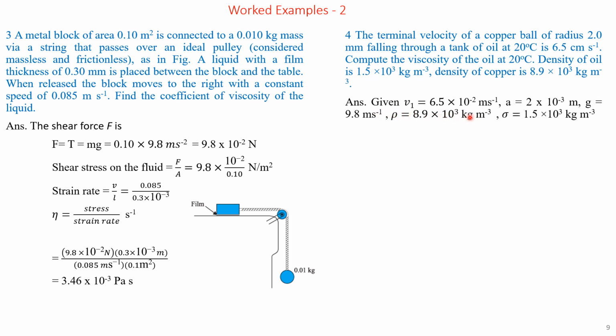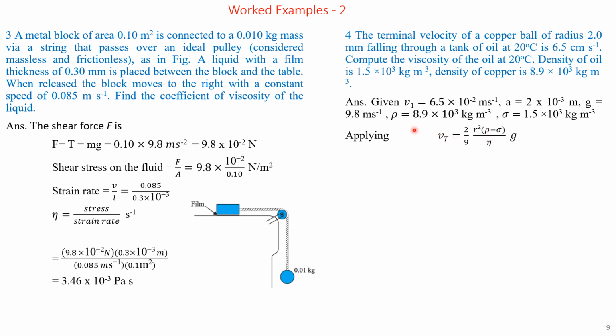Sigma is equal to 1.5 into 10 to the power of 3 kg per meter cube. Applying the formula, Vt is equal to 2 by 9 into R square into rho minus sigma over eta into g.